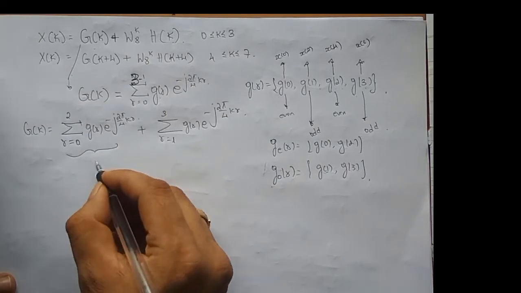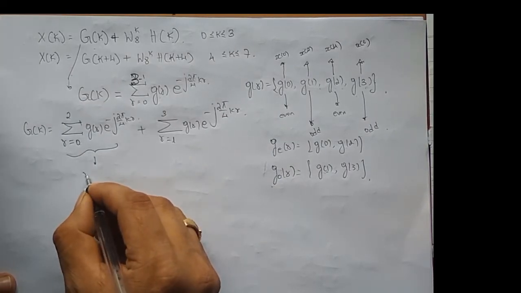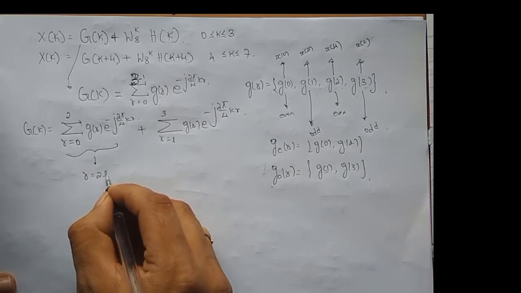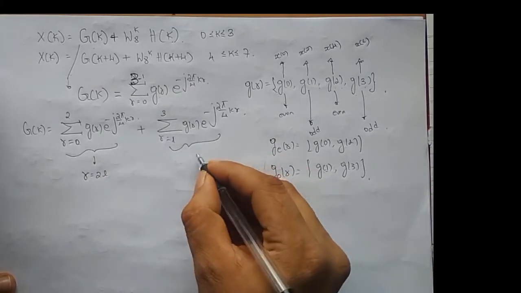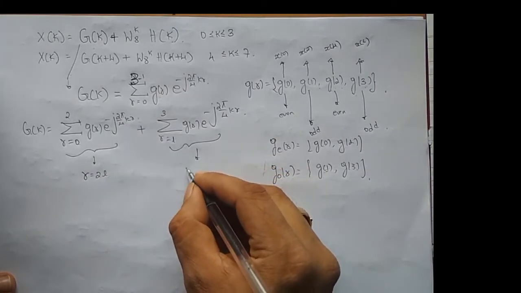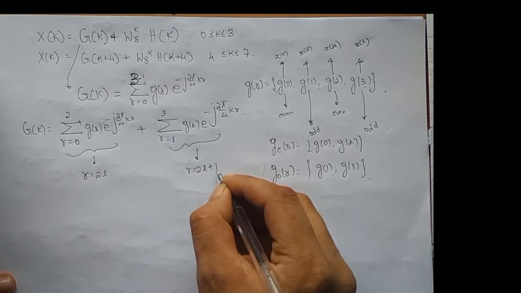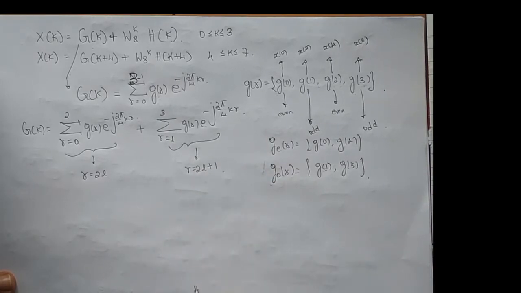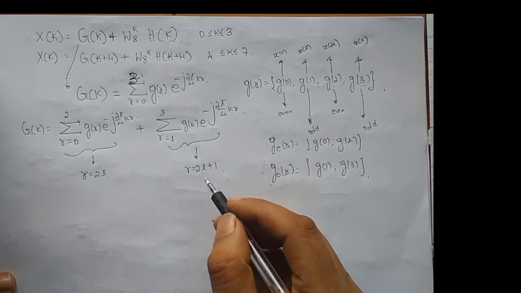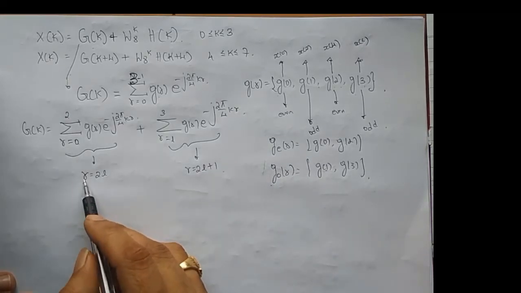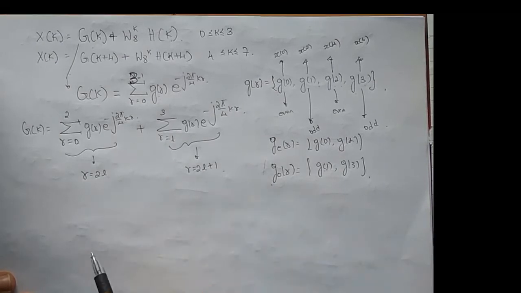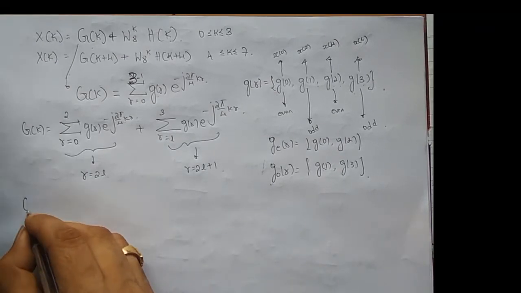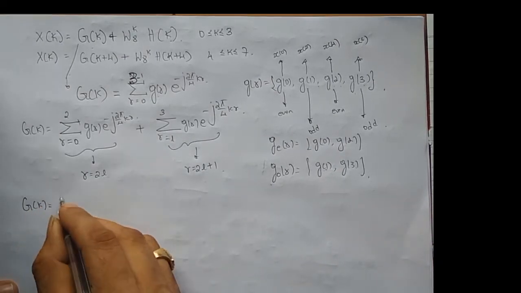Now for the first summation I will replace r with 2l, and for the second summation I will replace r with 2l plus 1. The way we did in the first decomposition, we replaced n by 2r, and for the odd we replaced n by 2r plus 1. So similarly we are replacing r by 2l and r by 2l plus 1 here. So g of k is equal to, what do I get?